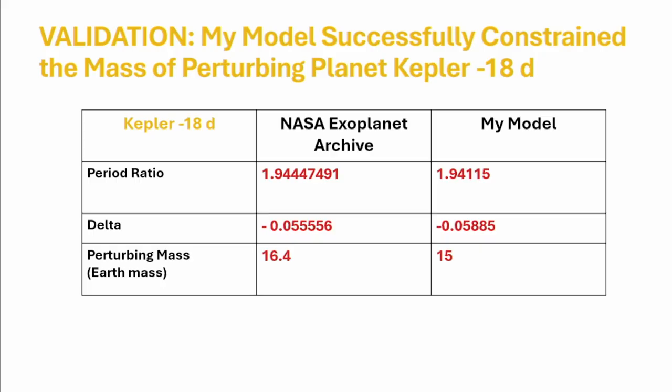Using this, I could find that the period ratio would be 1.94, simply by subtracting 0.058 from 2. I compared my values with the NASA Exoplanet Archive and found a very good match in period ratio, delta, and mass. You can see the mass may be slightly off, but I only did 5 Earth mass intervals. If I were to create my iso lines, my mass lines, at much finer intervals, I'd be able to find a more accurate mass. So what's next?